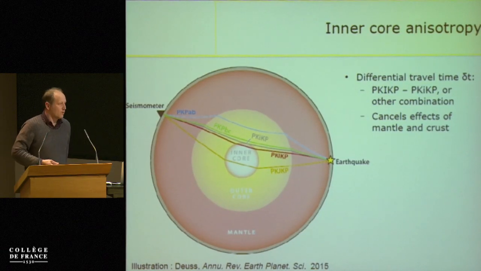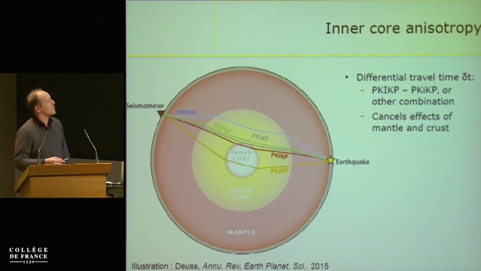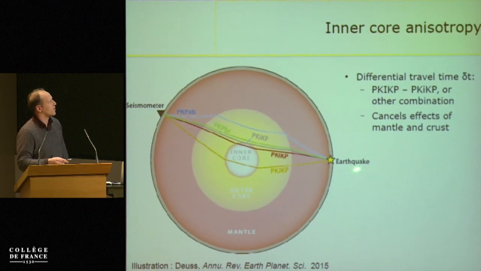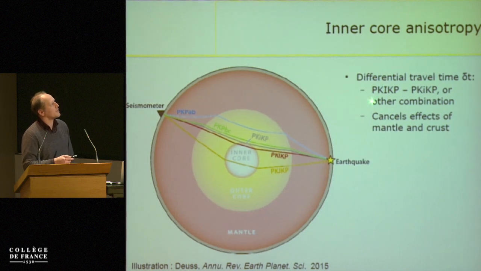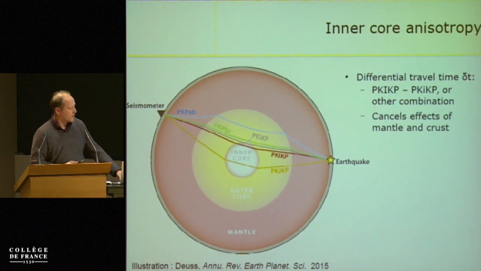So how is it measured? I'm not a seismologist, but we're going to be using this representation. You have seismic waves that go through the inner core, and what seismologists typically do is take the differential travel time between the waves that go through the inner core and the waves that go through the outer core, not far from the inner core, to cancel the effect of the mantle and the crust.